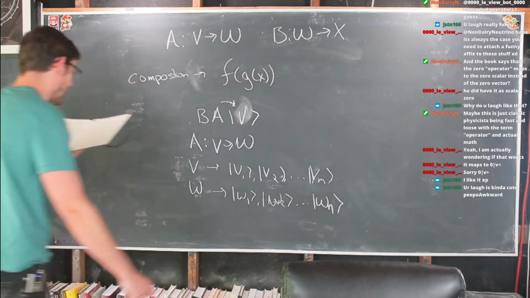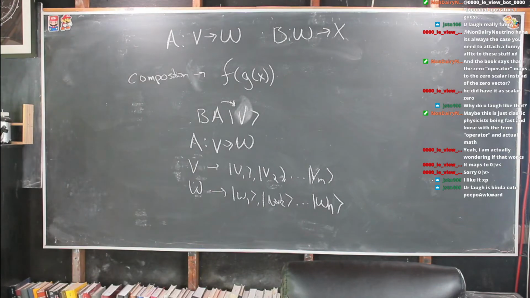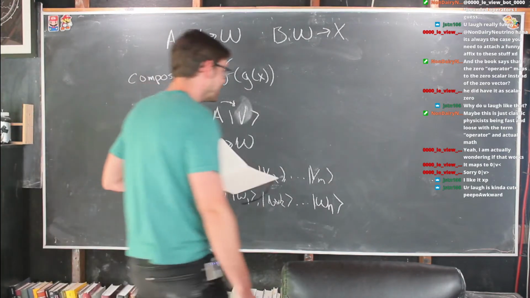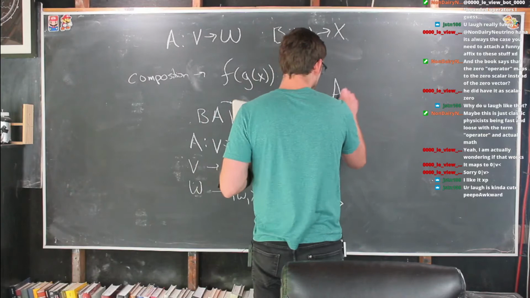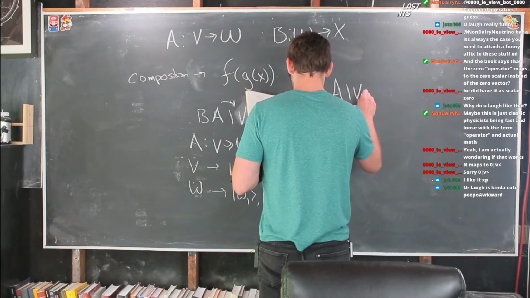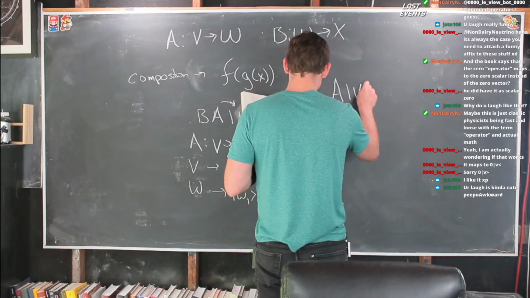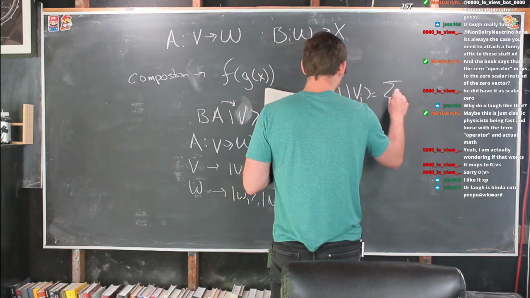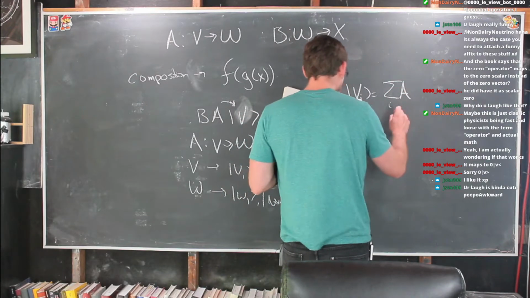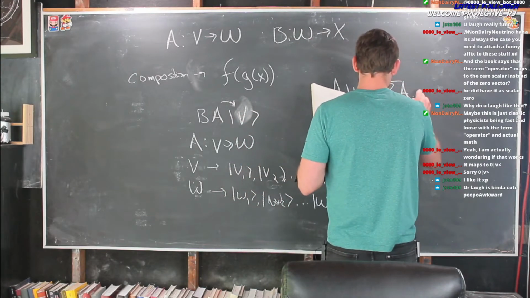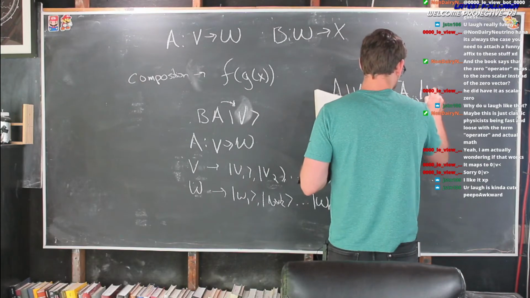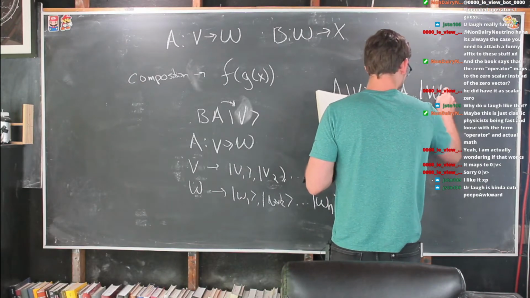So we can have some matrix A such that the operation on Vj will be equal to the sum of all of the matrix elements Aij on the vector space of W.